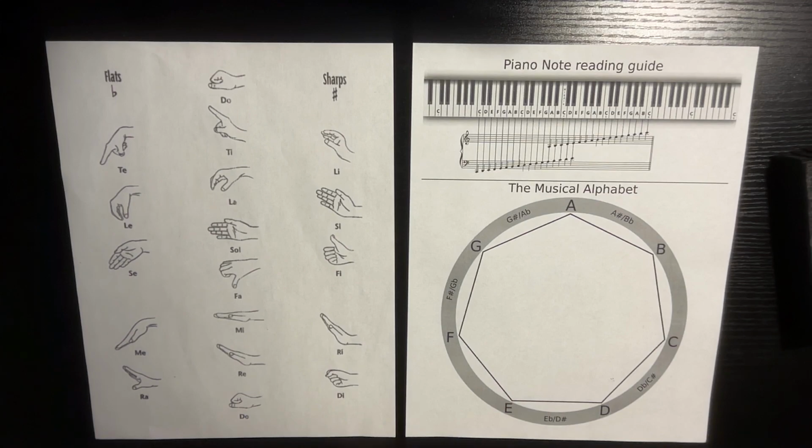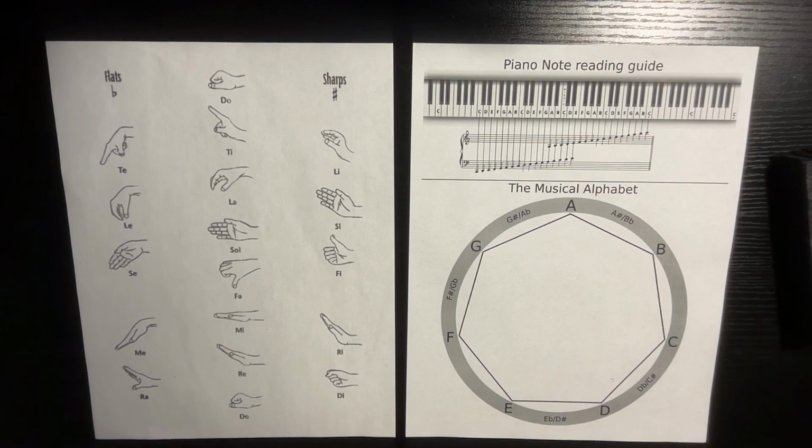If you know solfege, if you can sing solfege, if your ear has developed and you've trained your ear to be able to hear when fa, when la, when sol, when do, when any note happens, that's an immensely powerful tool.